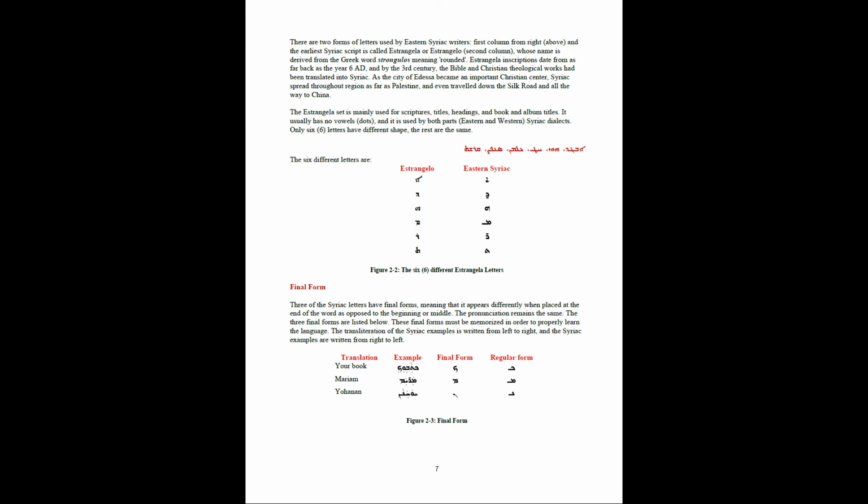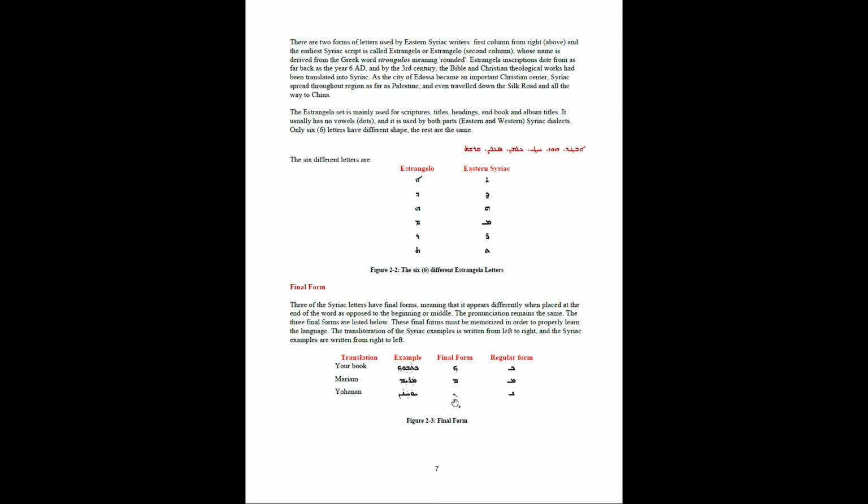Second male person. Meme. This is exactly how we're going to write meme, which is the final form, the same as the Estrangelo meme. So you need to know this one well. Maryam, M, first at the beginning. Maryam is a female name and means Mary in English.